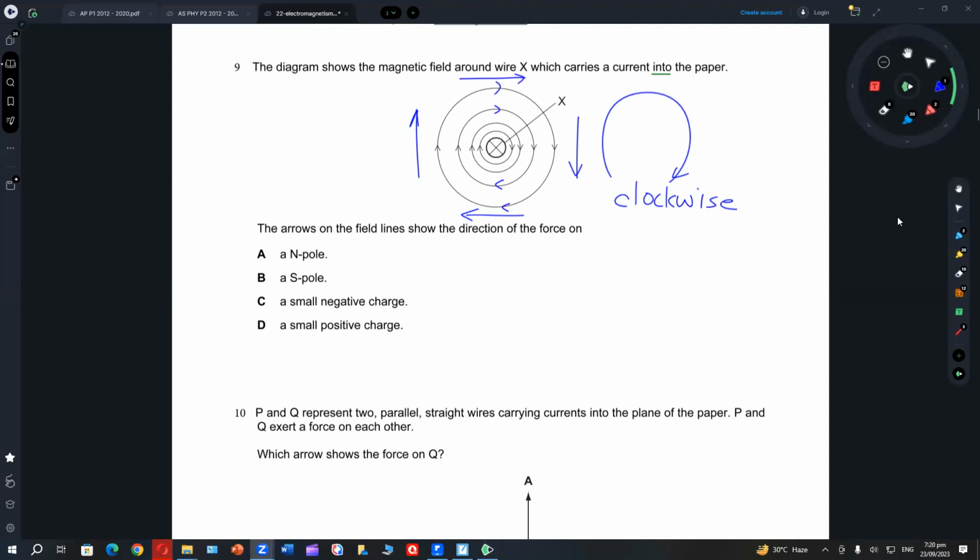A small negative charge. The arrows on the field lines show the direction of the force on a small negative charge, a small positive charge. Actually, why are you selecting C and D?